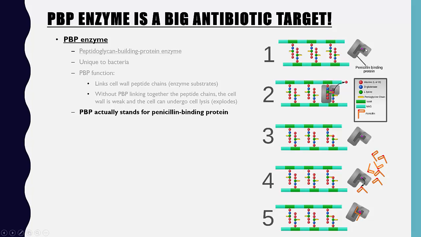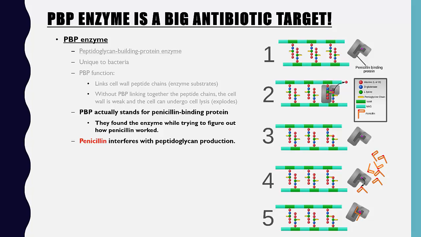Because they were doing research, trying to figure out what penicillin stops, they named this little enzyme the penicillin binding protein. I know. They found the enzyme while trying to figure out how penicillin worked. But penicillin interferes with peptidoglycan production. All right. Penicillin is a competitive inhibitor.